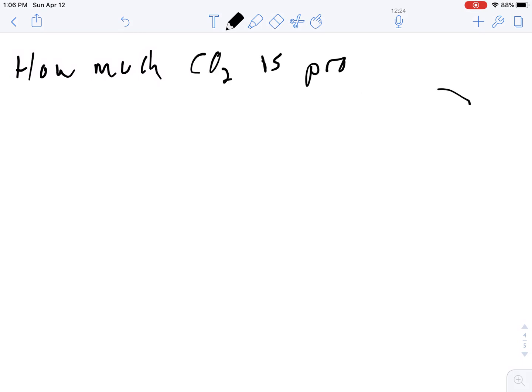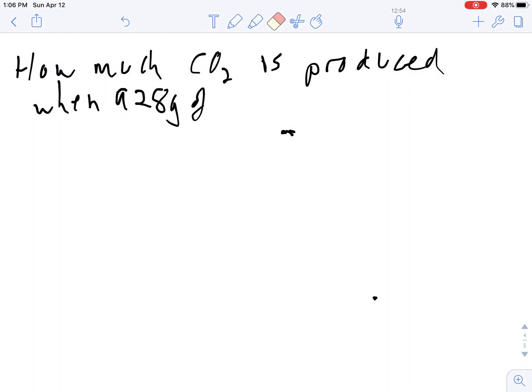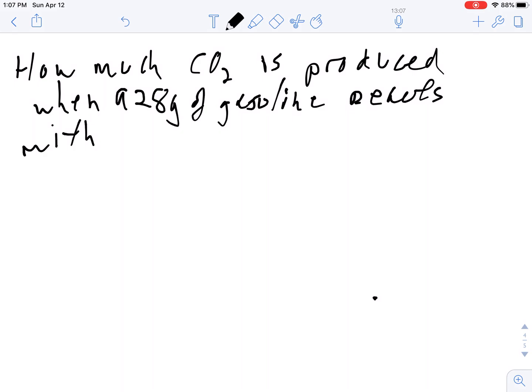How much carbon dioxide is produced when, let's see, 928 grams of gasoline reacts with 120 liters of oxygen at STP.